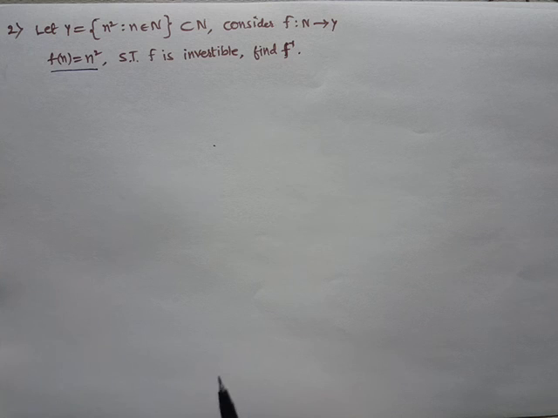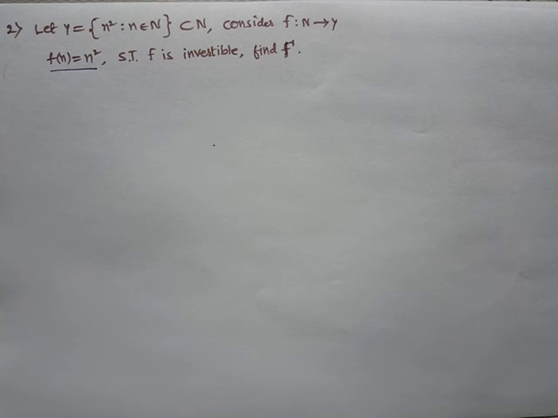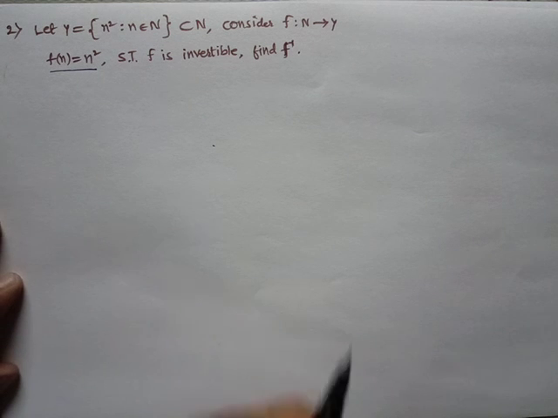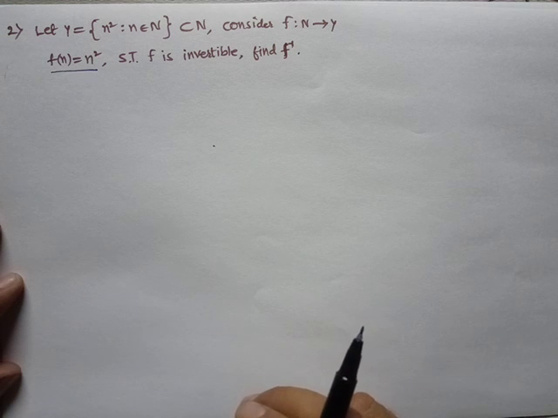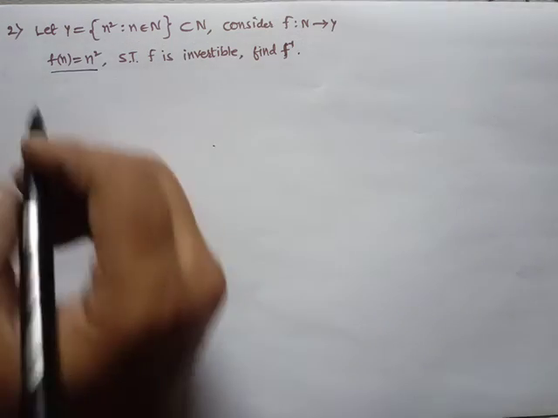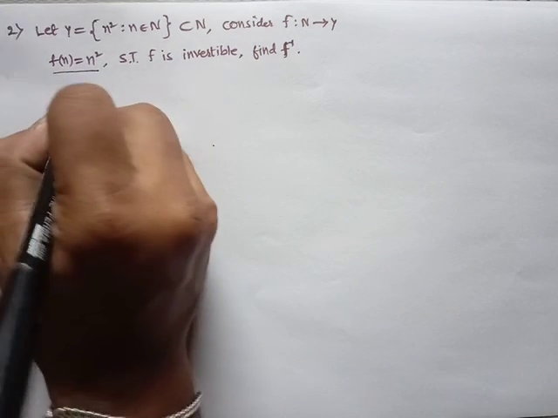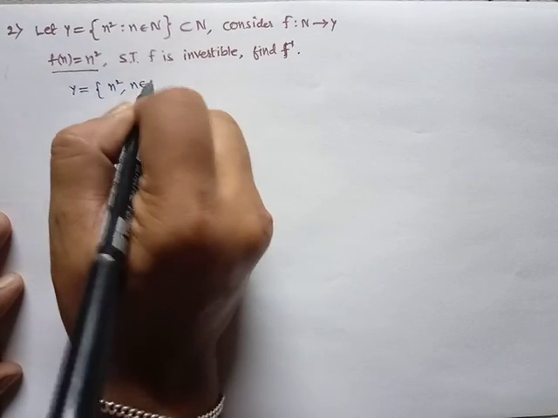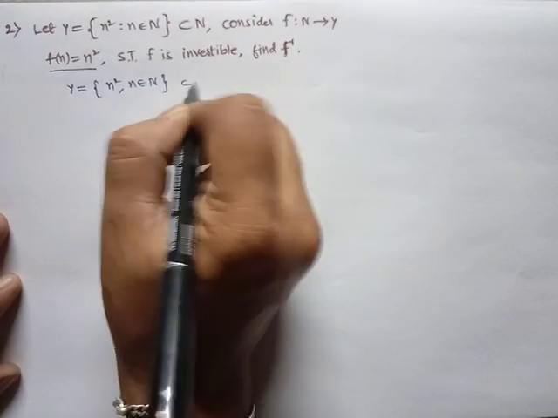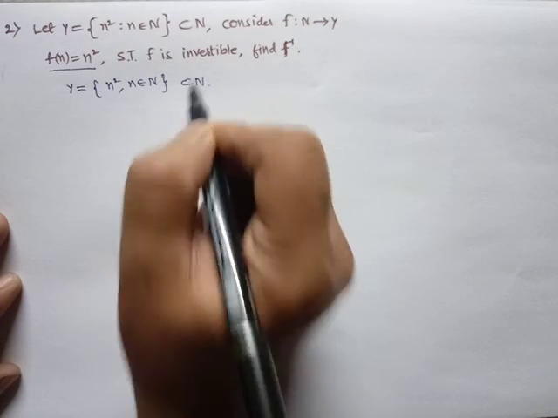Then to say f is an invertible function, first of all we should define a function g from y to N. So before that, what is already given as y, you write y here. So y is nothing but n square, where n belongs to natural numbers, which is a subset of natural numbers.